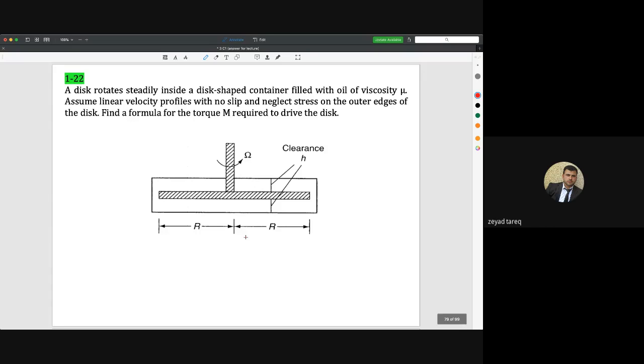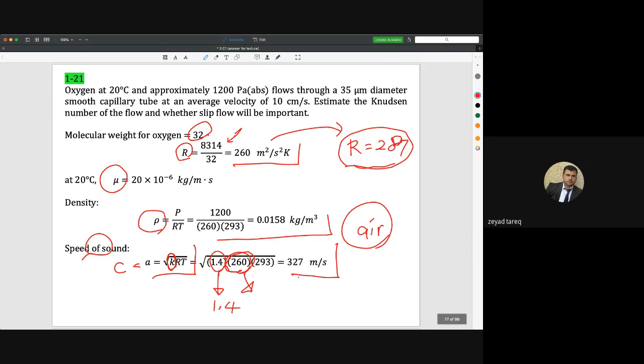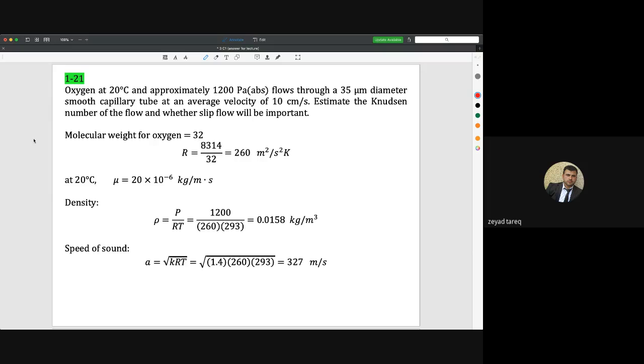Doctor, excuse me. Can I please go to the previous page? The molecular weight of the oxygen and the mu, they got it from table A4, right? Yes. A4 mentions the properties of common gases at 1 atm and 20 Celsius.